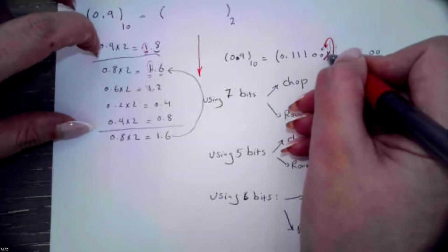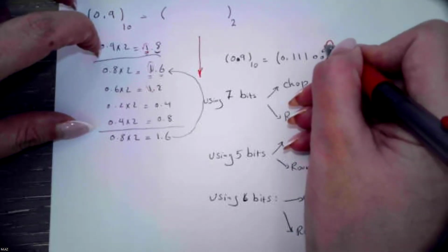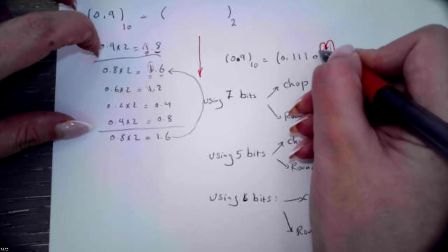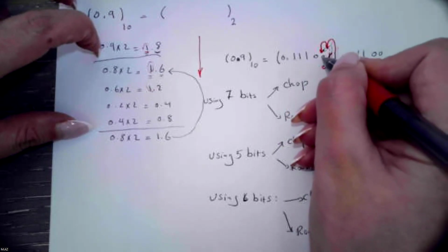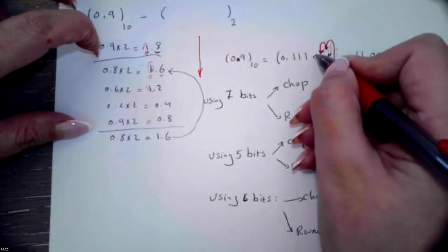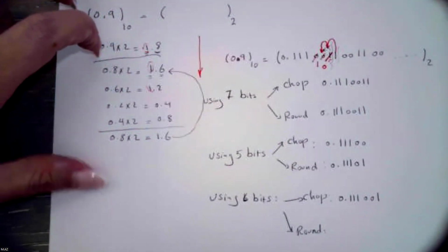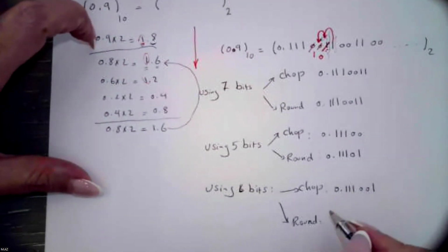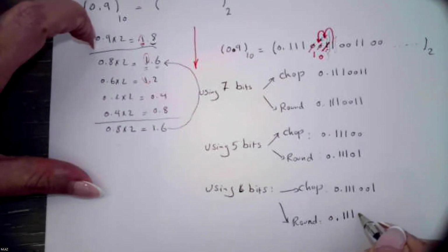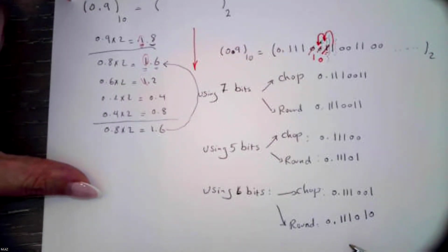This number turns to 0, and both of these numbers move to the next bit, okay? And this one becomes 1. If I write this one, we have 0, 1, 1, 1, 0, 1, 0. This is about the chop and round.